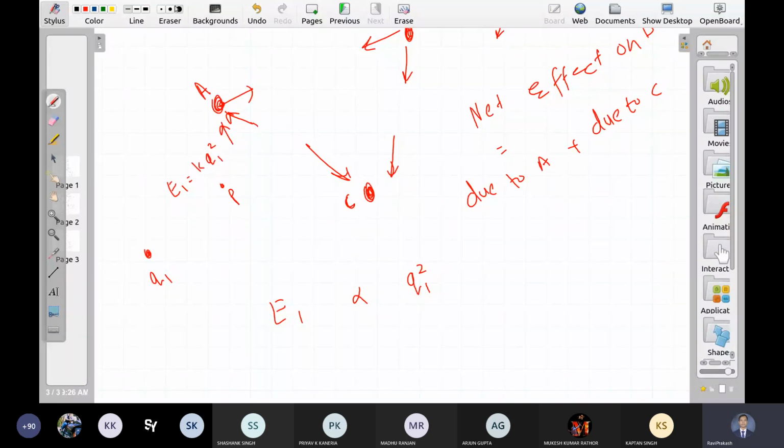Now I remove this and put charge Q2 here. What is the electric field here? K Q2 square. And if I put both the charges here, Q1 is there, Q2 is also there. How much is the electric field here?